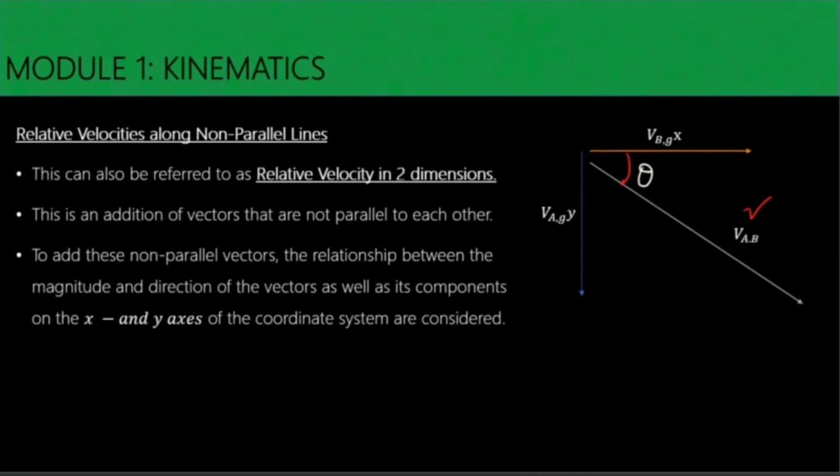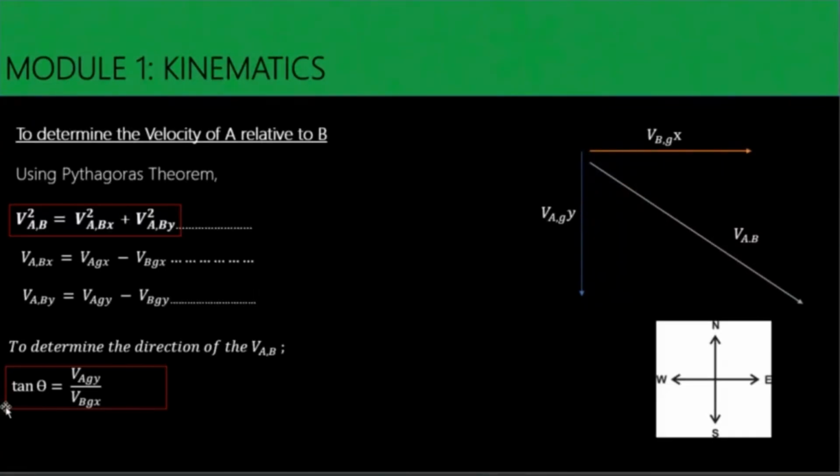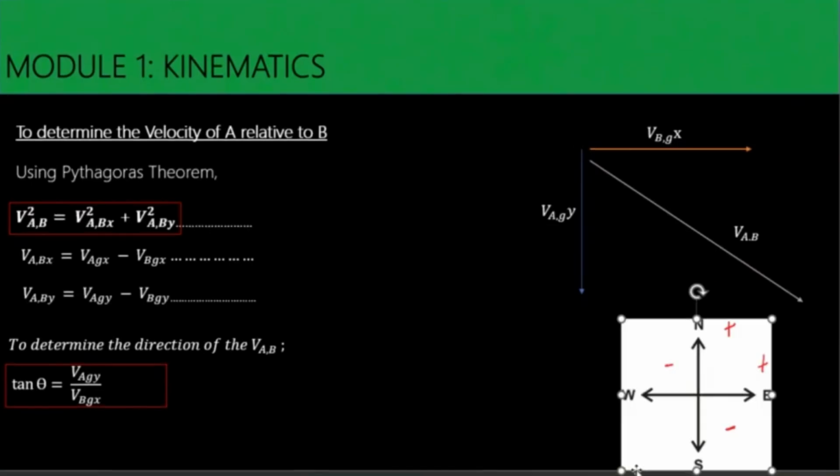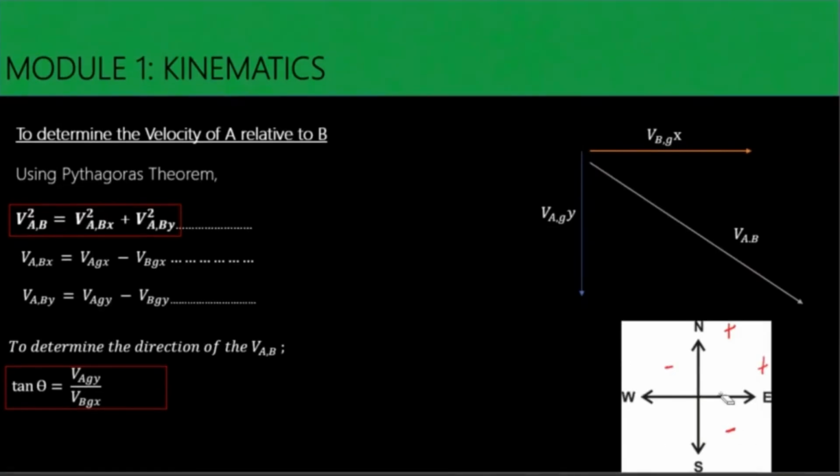I did mention yesterday that there is actually a sign notation that is attached to each cardinal point. The northern part is positive, this is positive, this is negative, and this is negative. I don't know if my slide is visible enough, but I can expand it.